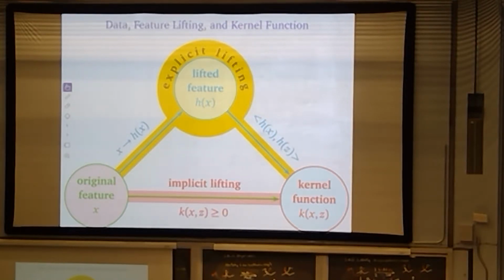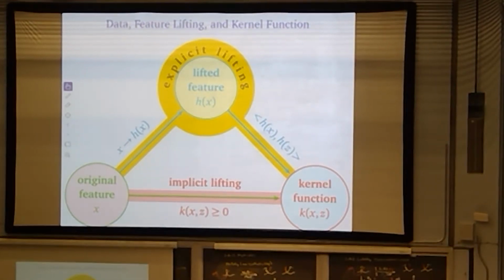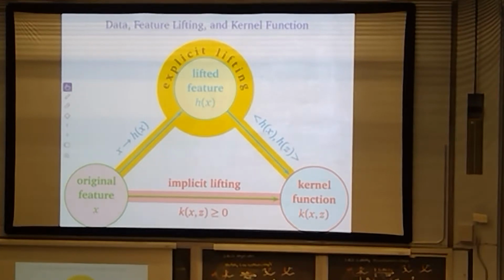You can lift it to a higher dimensional space where you can use it to formulate our more complicated function families for regression. And then you can compute the kernel function as the inner products of the lifted feature h of x. So the kernel idea stems from the dual solution to kernel ridge regression.